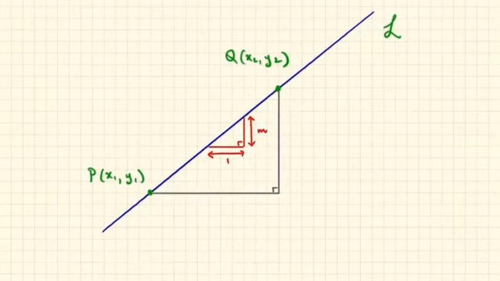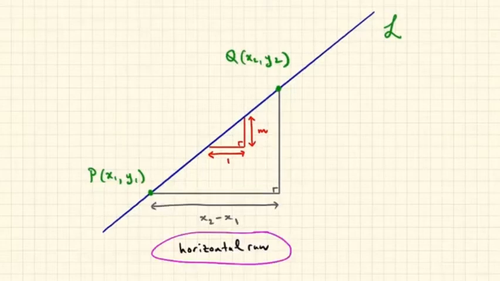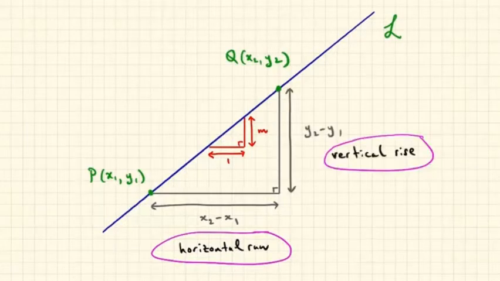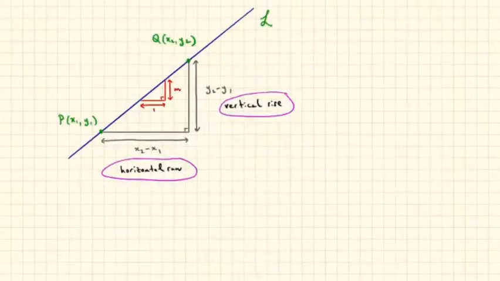Now let's build a larger right-angled triangle that captures movement from P to Q, but resolved into horizontal and vertical components. The horizontal run is just x2 minus x1 in this diagram, whereas the vertical rise is y2 minus y1. Can you see 2 similar right-angled triangles?